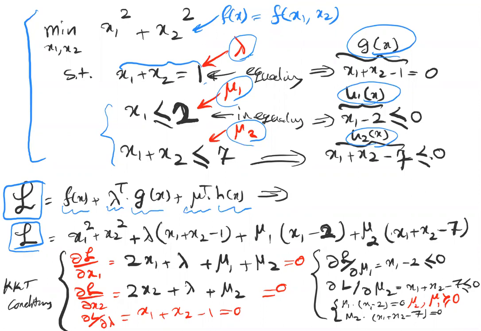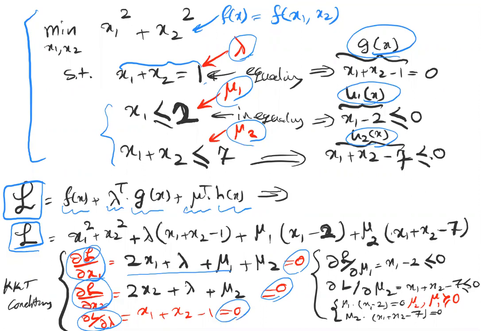In order to do that, first we find the partial derivative of L with respect to our variables. So partial derivative of Lagrange function with respect to x1, with respect to x2. Then we find the partial derivative of our Lagrange function with respect to the Lagrange multiplier of equality constraint. We put all of this equal to 0.